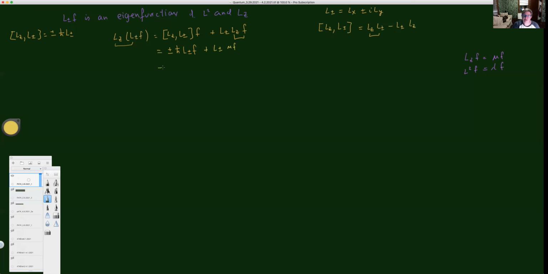So in other words, here we go. We have plus minus H bar L plus minus F, plus mu L plus minus F. And now I'm going to group all my numbers. I have mu plus minus H bar on L plus minus F. Okay?